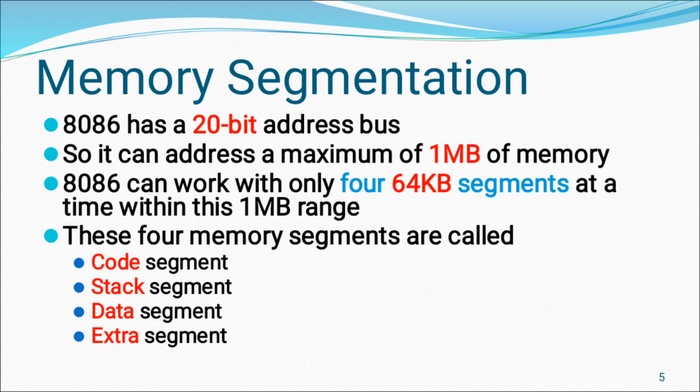Next, memory segmentation. We know that 8086 has a 20-bit address bus, so it can address a maximum of 1 MB of memory, 1 megabyte of memory. Out of this 1 megabyte, 8086 can separate memory into 4 segments, and each segment size can be 64 kilobytes.